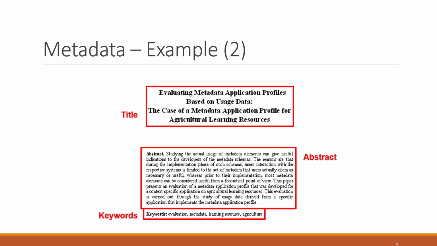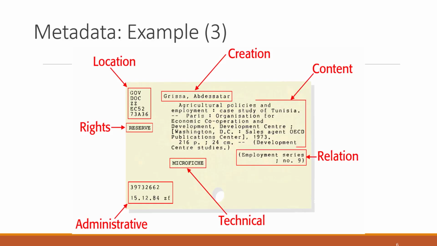Inside this, for example, we have a title, and then in this document we have an abstract, and then we have keywords. So these three things also can be considered as a metadata, as long as it is logically under the terminologies or related to the data that you want to group or organize.